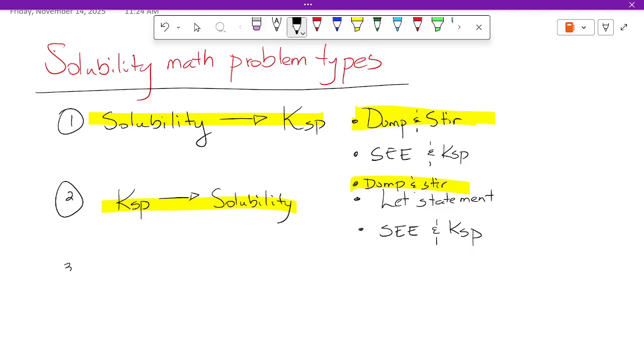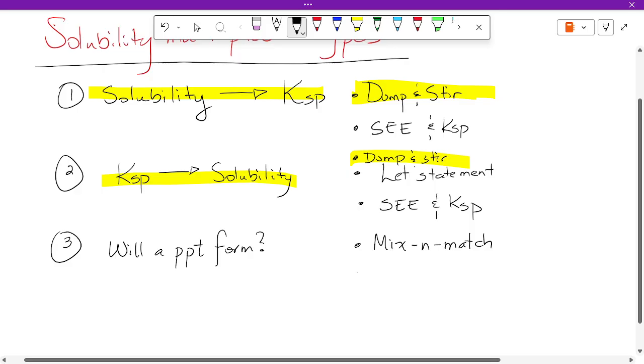Third, will a precipitate form? This is mix and match. You will use dilution calculations.